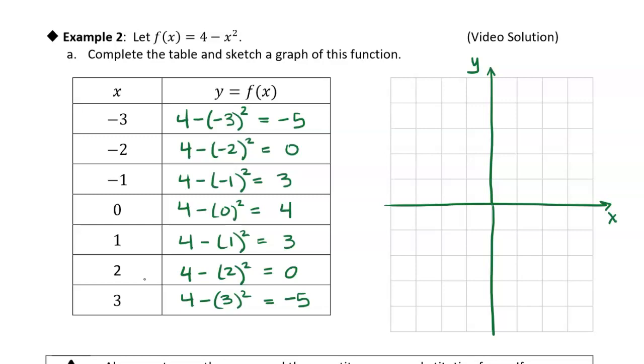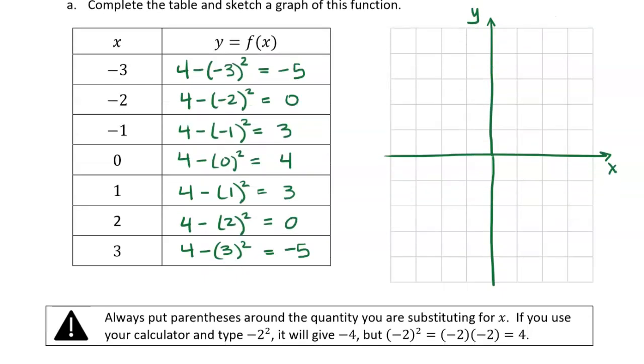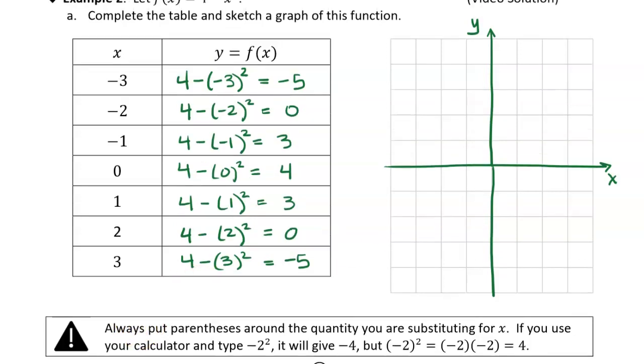If you square negative 2 and you type in negative 2 squared, it's only going to square the 2 and it's going to keep it negative. But what you really meant was the whole thing, negative 2 squared. You're substituting negative 2, so you want to square the whole thing, which is negative 2 times negative 2. It's going to be a positive 4. That's a very common mistake that I see happen, so I just wanted to make you aware of that.